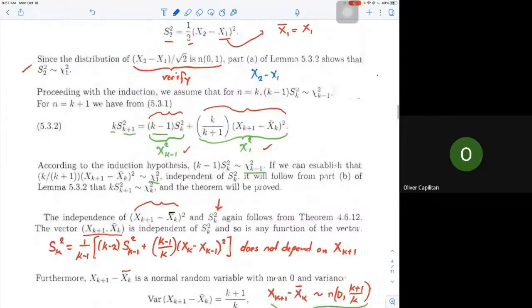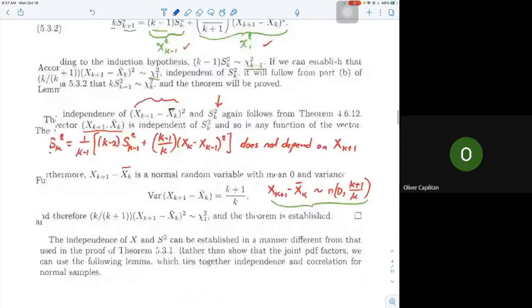We'll have a normal distribution with mean 0 and variance will be equal to 2. And this would further imply that x sub 2 minus x sub 1 over square root of 2 will have a normal distribution. Ayan, yan.